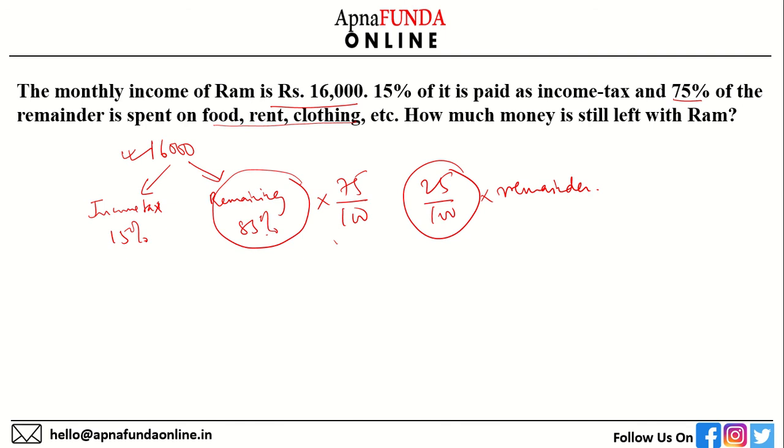So can we write this as 85% of 16,000 and then 25% of this will give me my final answer. This will give the amount that is still left with Ram.